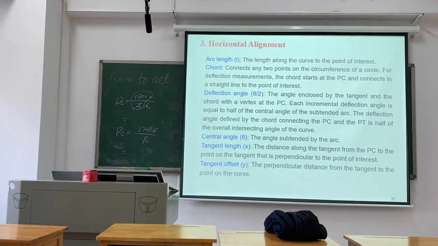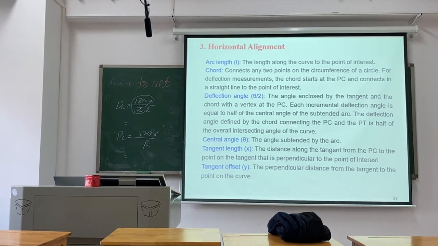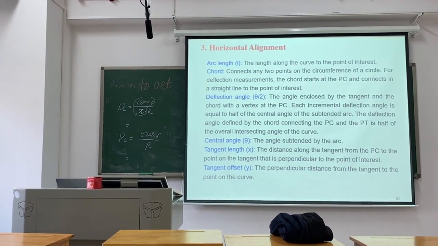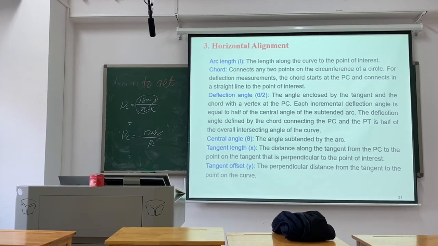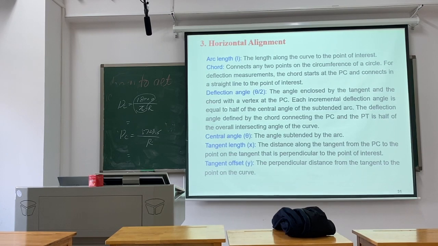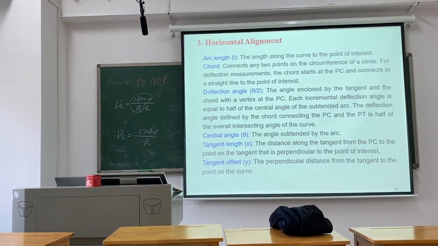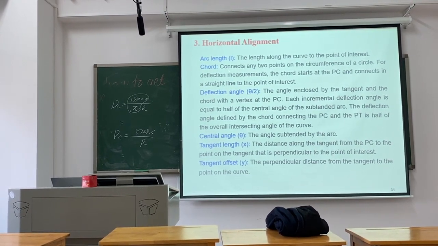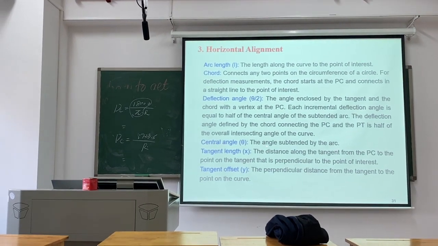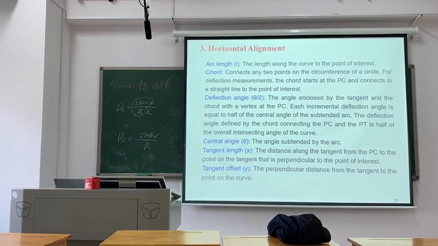The deflection angle defined by the arc connecting the PC and the PT is half of the overall intersection angle of the curve. So we should know deflection angle, arc length, and central angle, the angle subtended by the arc.